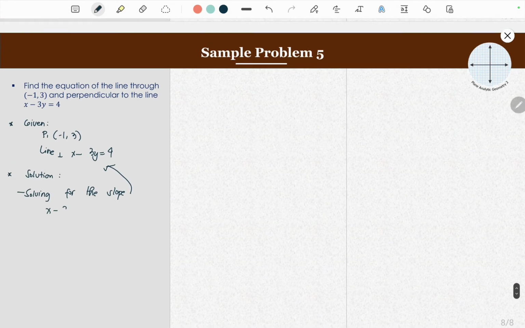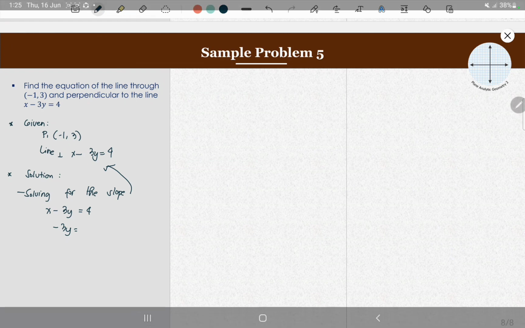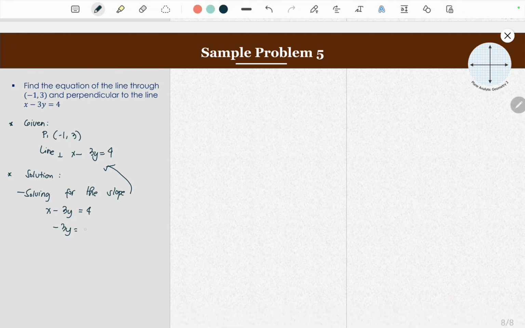From x - 3y = 4, arrange this equation into the slope-intercept form. So -3y = -x + 4. Divide everything by -3. So this is y = 1/3 x - 4/3. So the slope of this line is just the numerical coefficient of x, which is 1/3.